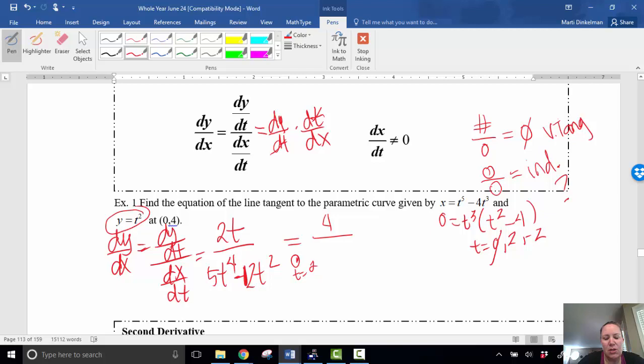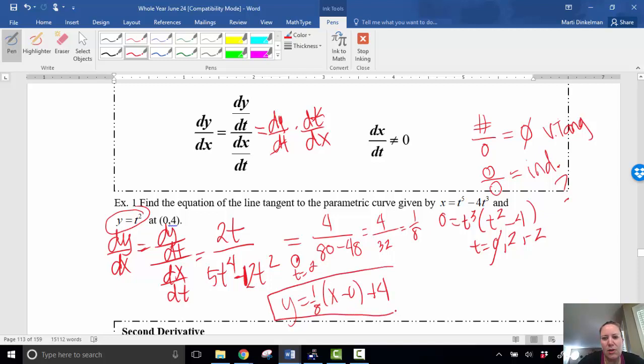So let's see, 2 to the 4th is 16. 16 times 5 is 80. 2 squared is 4, and then that's going to be 48. So we're going to have 4 over 32, so 1/8. So one of our equations is going to be y equals 1/8 times x minus the x coordinate. Don't really need that part, but it's just habit for me. So there's one of them.